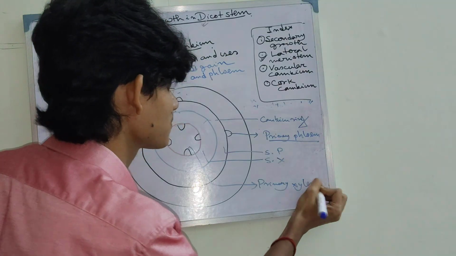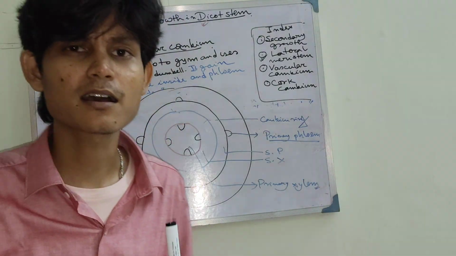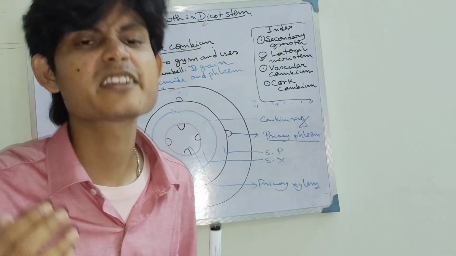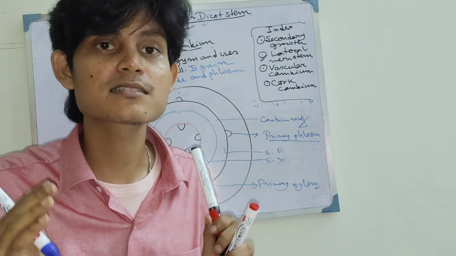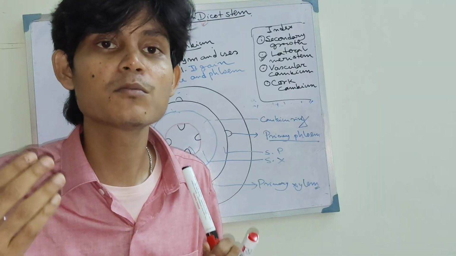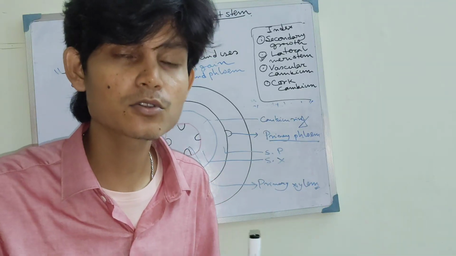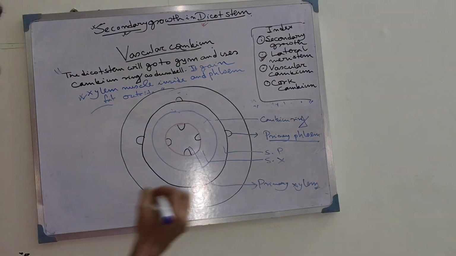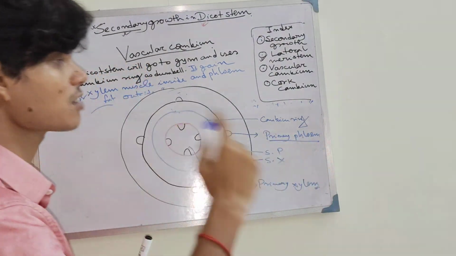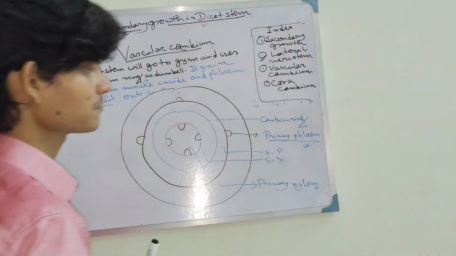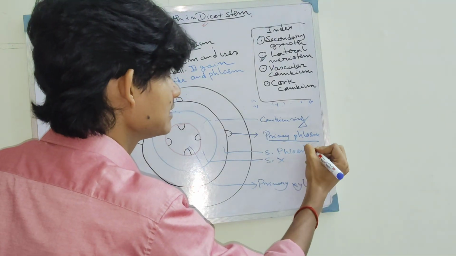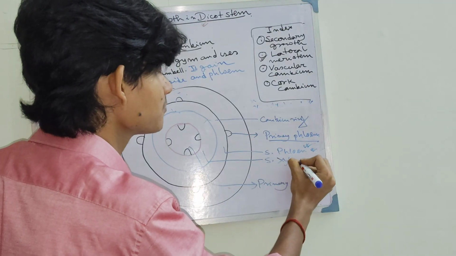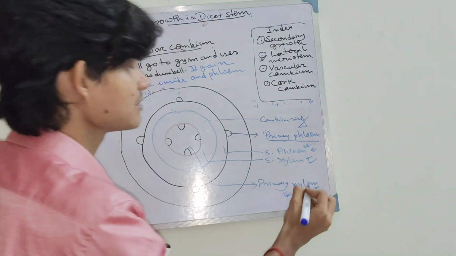Now if a question comes, what is the tissue organization from periphery to the center in a stem grown by secondary growth? The answer: at the outermost side there will be primary phloem, then secondary phloem, then secondary xylem, then primary xylem.